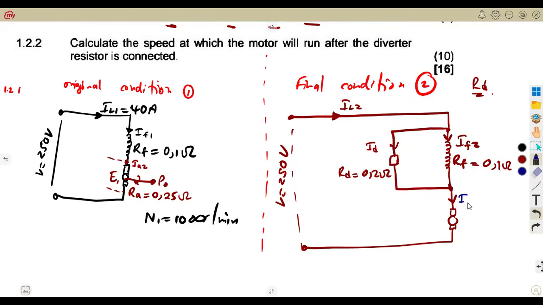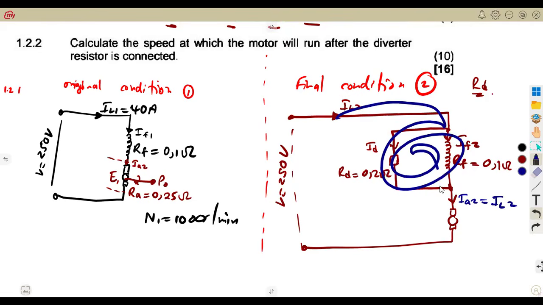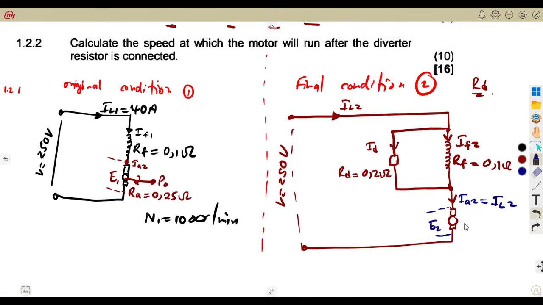So you can see that this armature current is simply the same as the load current that we had there. It is the one that entered, branched into this, and now it's coming out there. So that is the condition, having your generated EMF 2 there. This is it, guys, it's your motor, remember? And you're going to have the resistance of the armature, 0.25 ohms as we had before. So remember your diagrams, guys. They just want you to have the basics there.